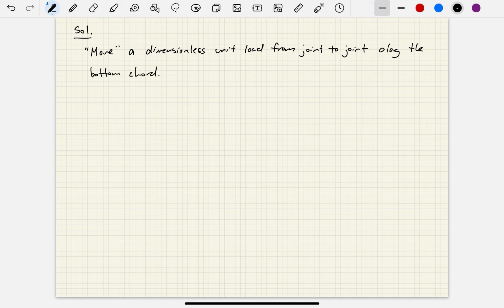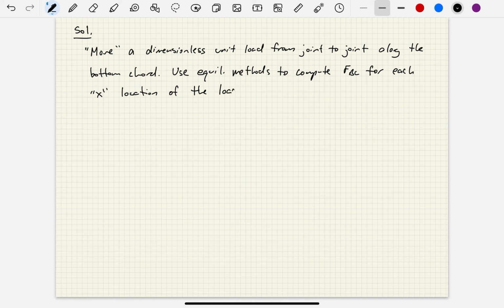And then we're going to use equilibrium methods to compute the force in BC for each X location of the load.